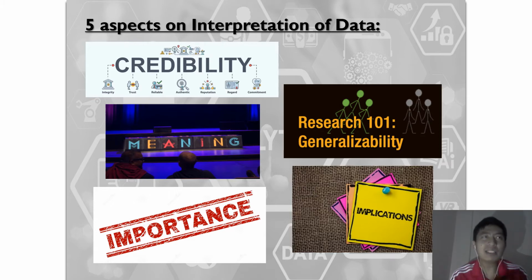So, based on the pie chart, based on the histogram, what's the meaning of that? Is it significant to the current practice of nursing, or to the current profession? Is it important to share it? Does your result imply innovation, or does it imply changing practice? So please check all of this.